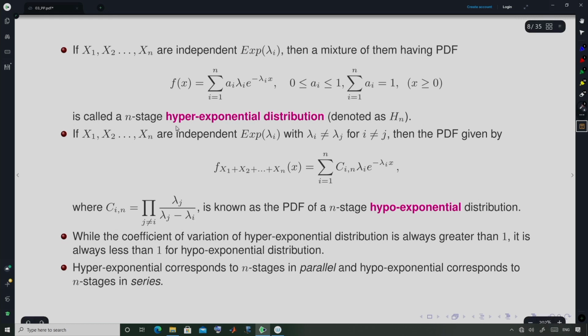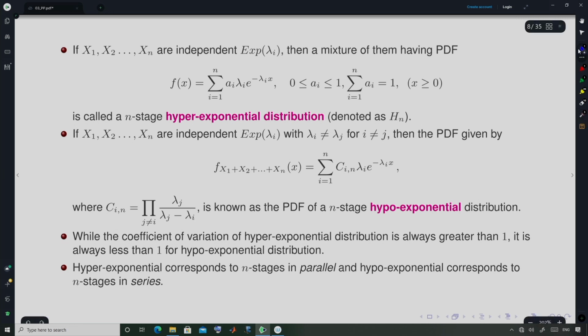One can think of hyper exponential and hypo exponential, because the coefficient of variation of one is greater than 1, the other is less than 1, and the third is equal to 1, which is exactly the exponential distribution.